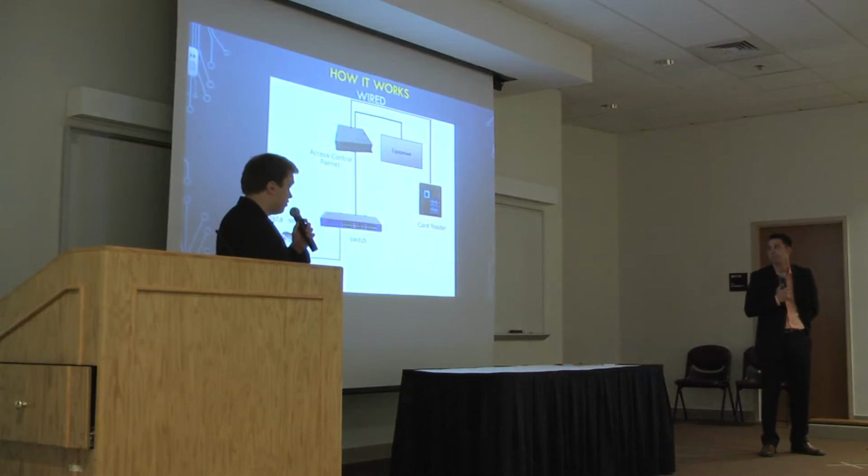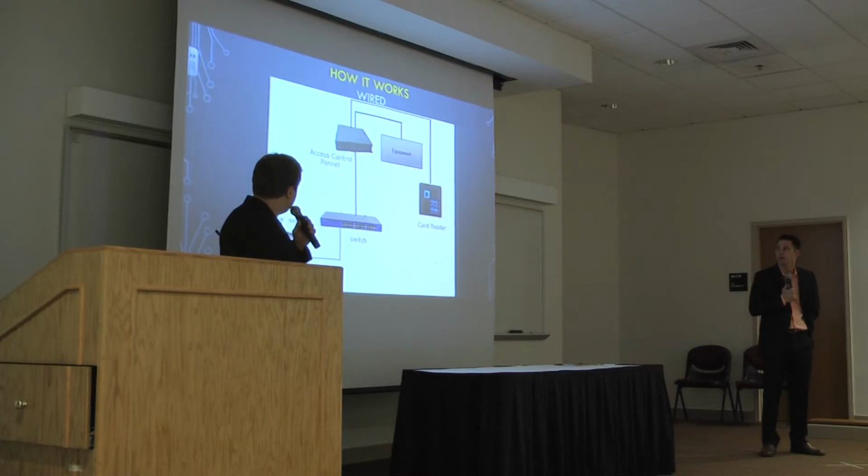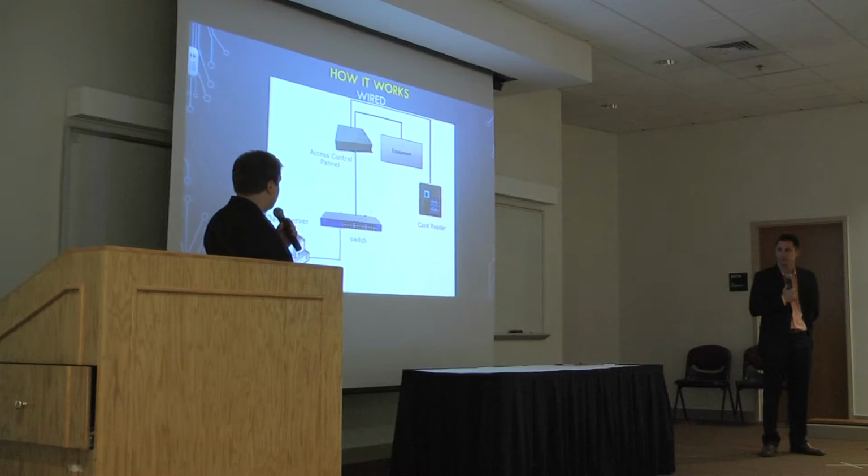This is a basic diagram of how it works. You have a card reader that is installed on the equipment, and we would have wires run back to the access control panel. The access control panels would be located in a separate room, usually a server room location, and you would run the wires from access control to the card reader and the equipment.